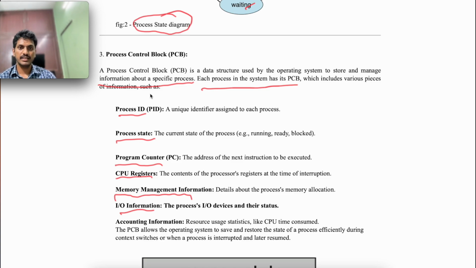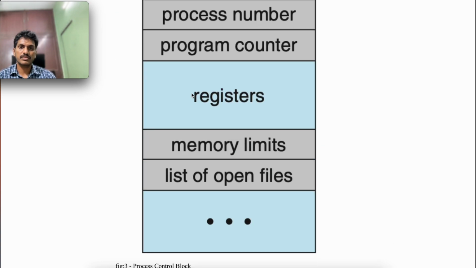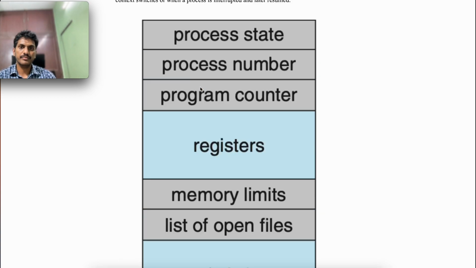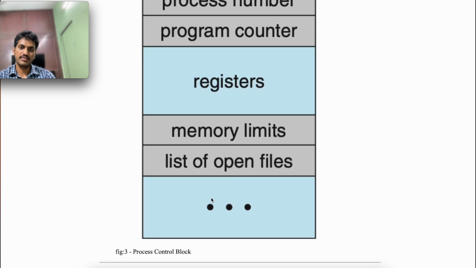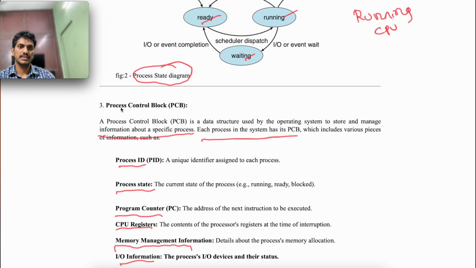See, there is a diagram also. You make this diagram: process state, process number, program counter, memory limits, and open files. You make this simple diagram if you see a question about process control block in the exam.